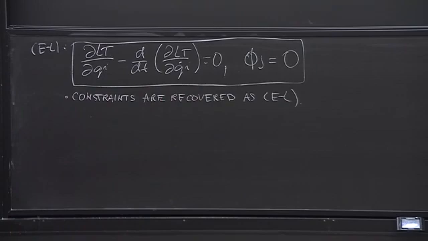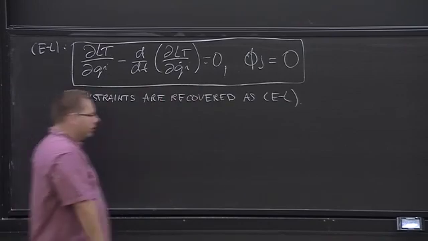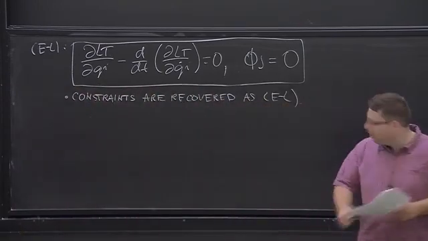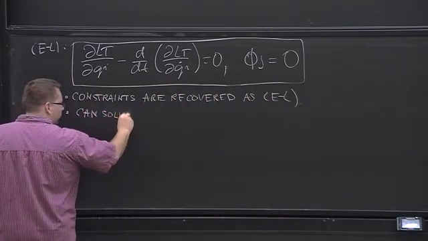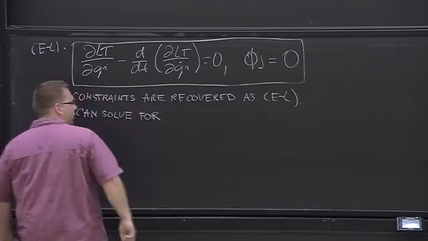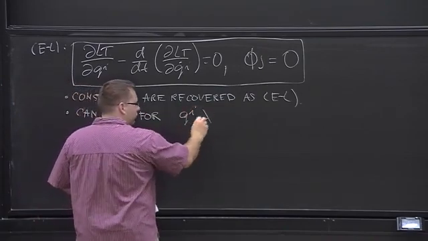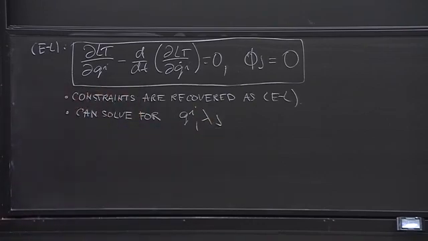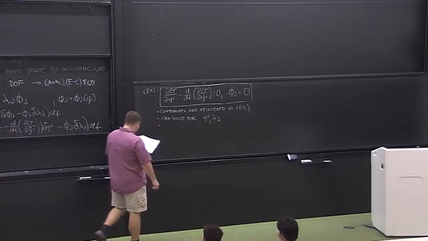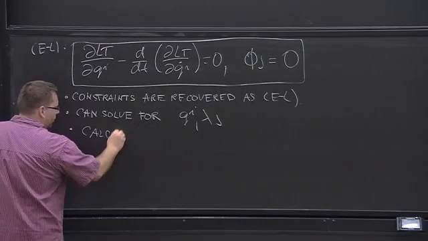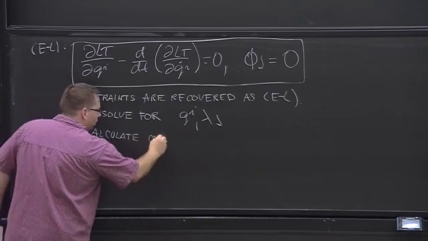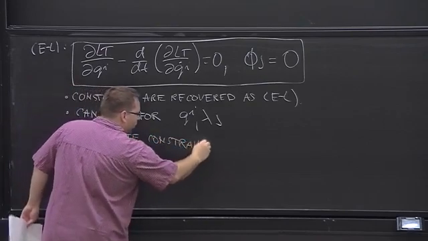You have n plus m Euler-Lagrange equations, so we can solve for everything, meaning qi, but also lambda j, because I simply have enough equations. And the statement is you can also calculate the constraint forces. So what is a constraint force? Calculate constraint forces.